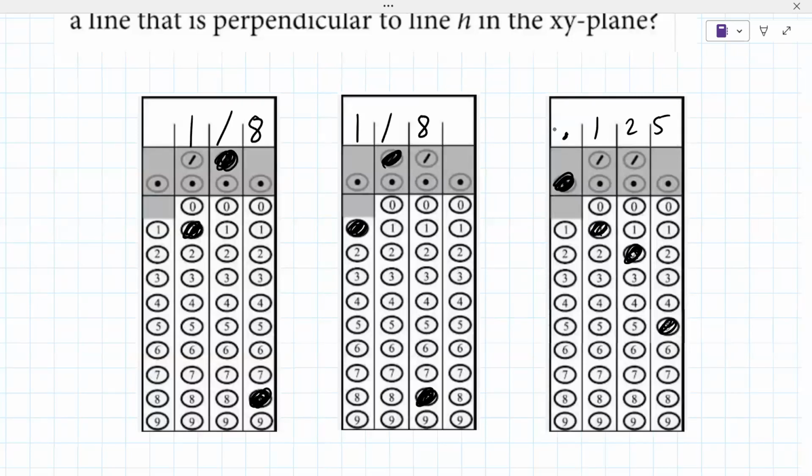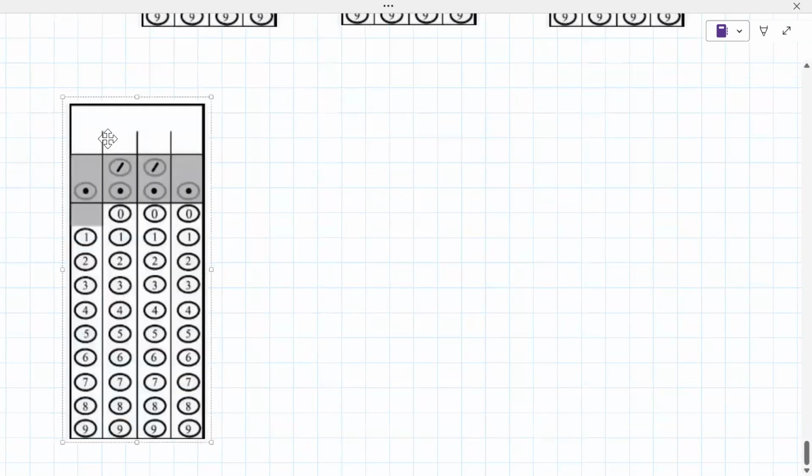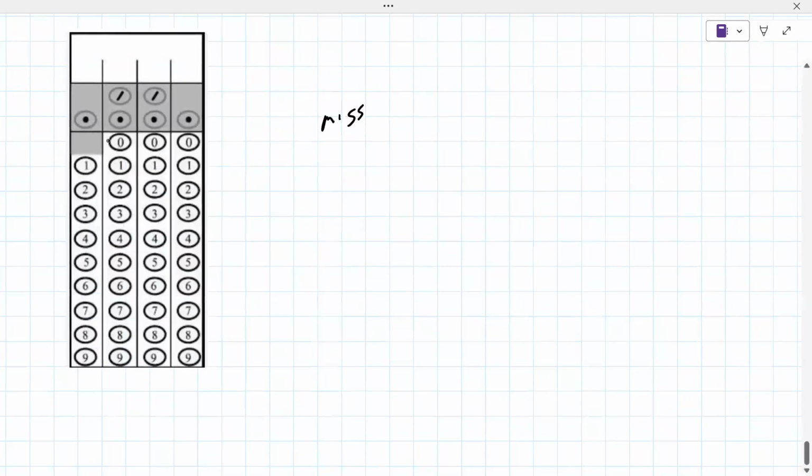All right. Now, one thing you should notice, something appears to be missing from the free response here. Anything that you notice that's missing? From the first column, there is no 0.